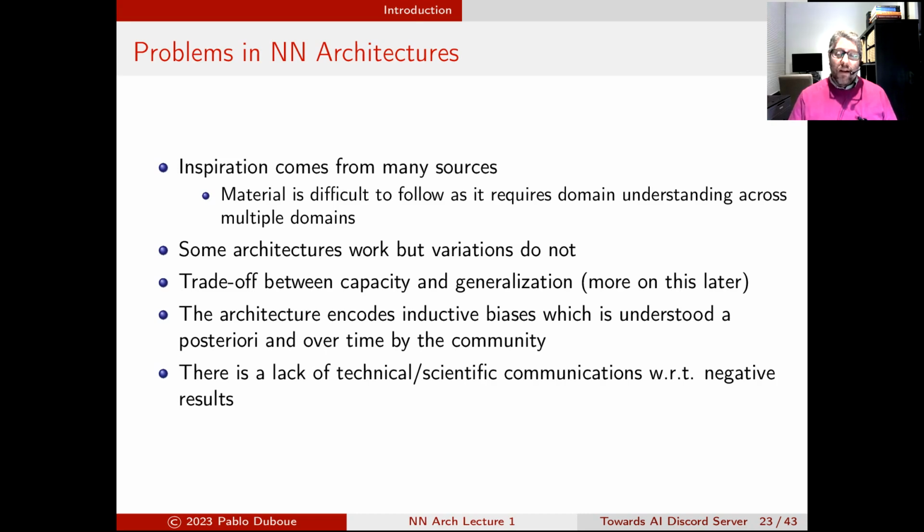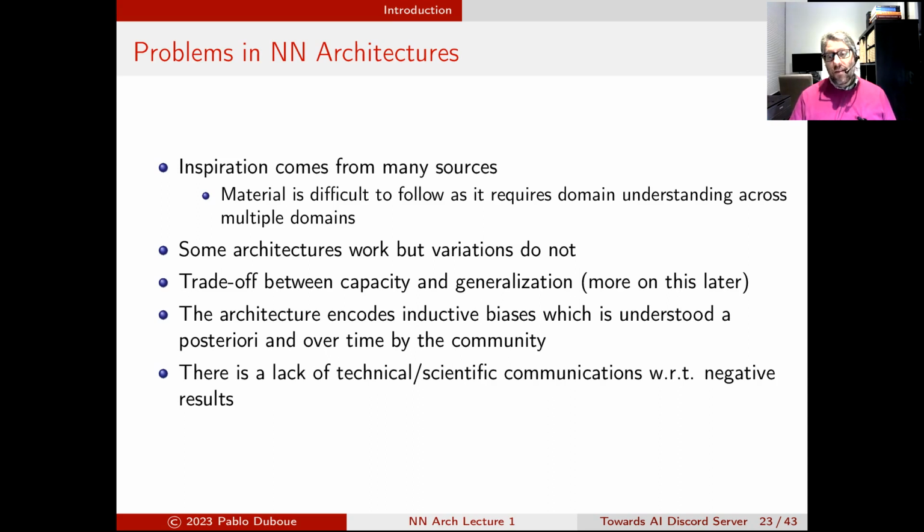That's what makes the neural network architecture successful at addressing that problem, because there is a match between the inductive bias that the network represents and the characteristics of the problem. These things get better and better understood by the whole community after the fact and over time. And that's quite problematic. We have some new architectures that are very exciting, and we don't quite know why they work.